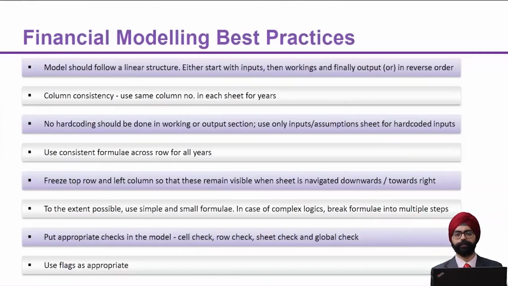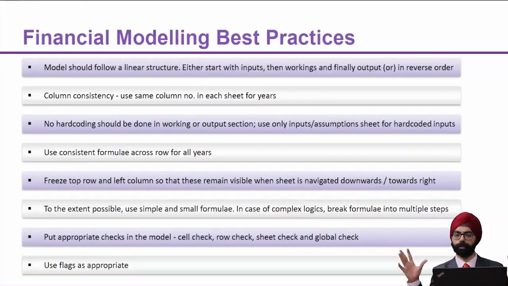Because writing a big formula means that at a later stage, once you have to make some changes, it would require extra time from your side to decipher what is included in the logic. At the same time, it makes it less transparent for the end client.